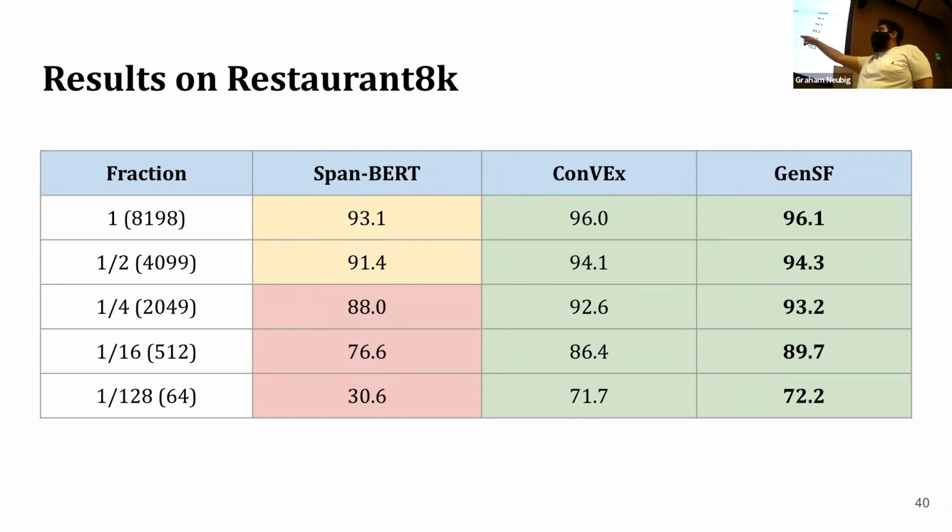But as we go down to 1/128th of the training set, where we have 64 training examples in total, SpanBERT is at about 30.6, Convex is about 71.7, and GenSF is at 72.2. And GenSF, again, achieved these results without doing any significantly large pre-training like Convex did.